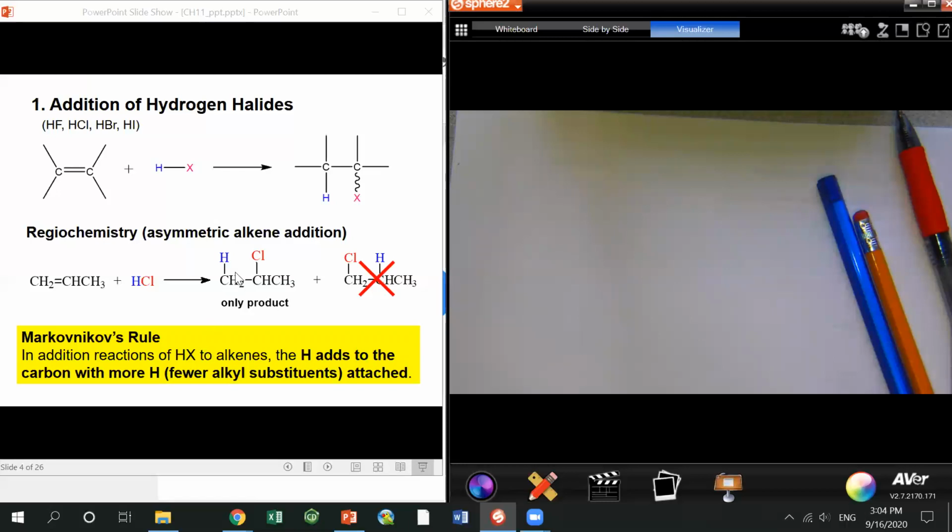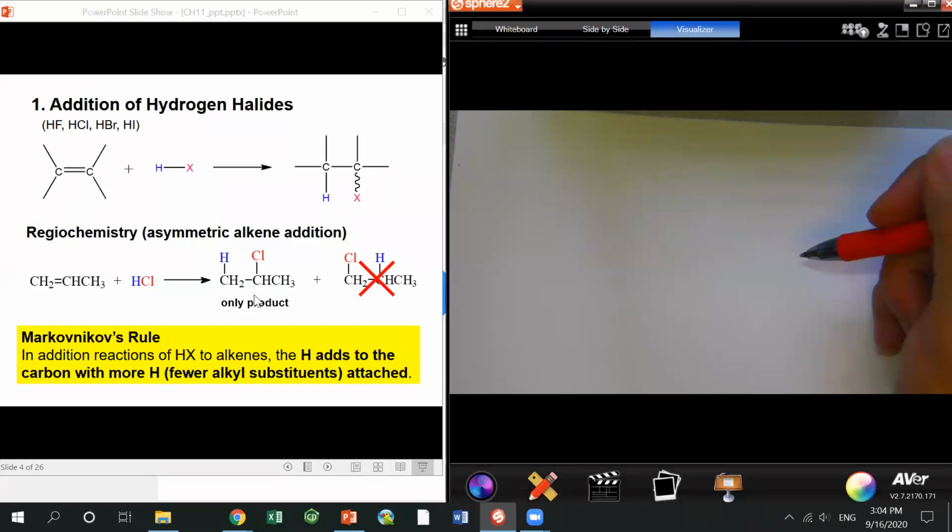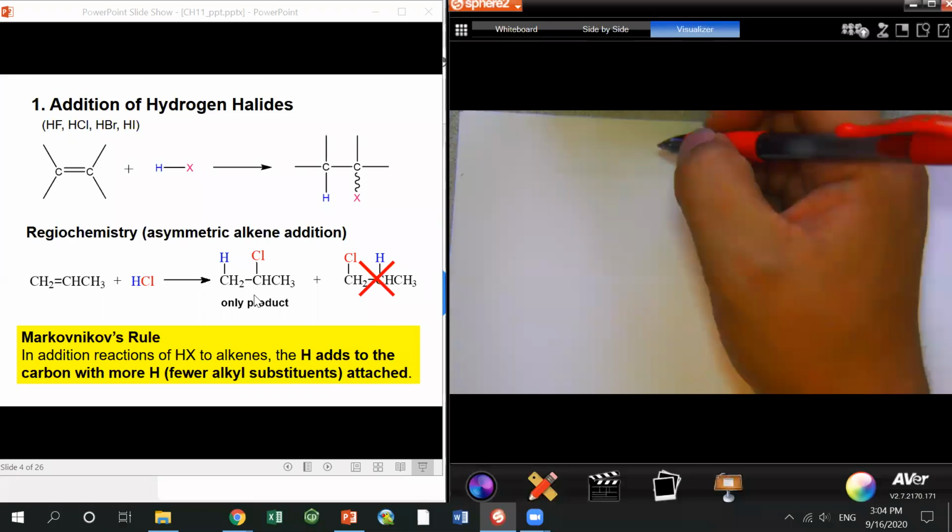For example, the terminal carbon has two hydrogens, and you add another hydrogen on it, so the hydrogen goes to the carbon with more hydrogens attached, and the chloride goes to the internal carbon with less hydrogens attached. Here's an easy way to remember it, as I already told my students: rich get richer.